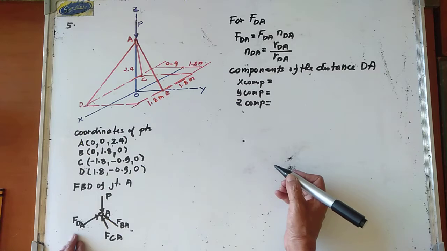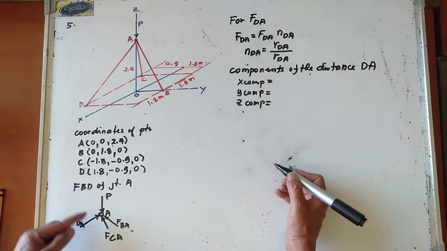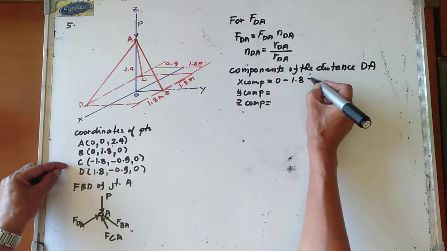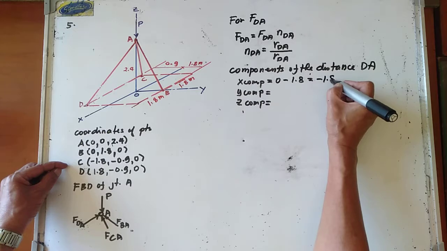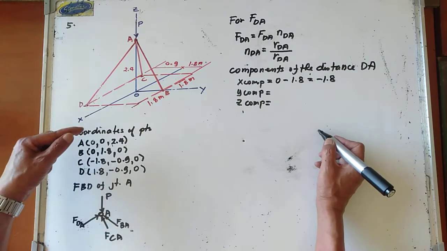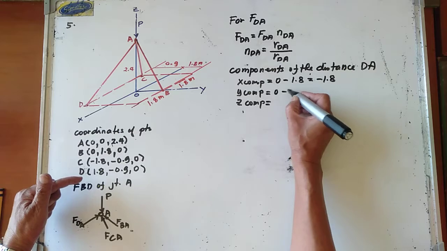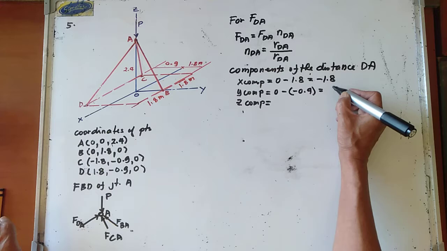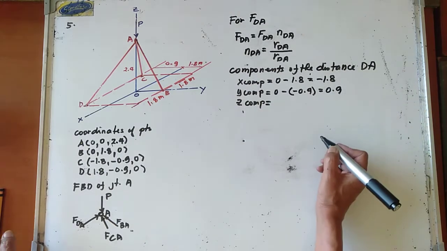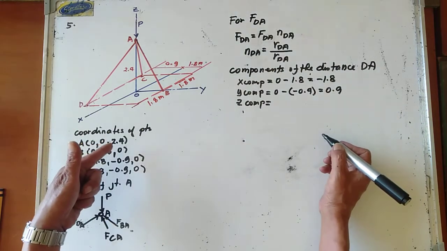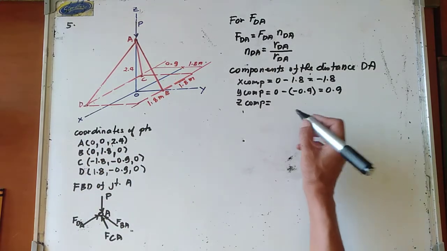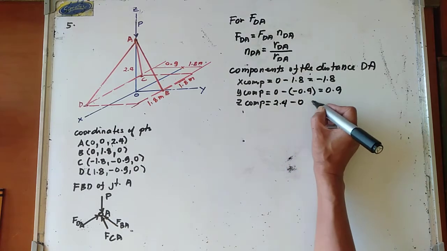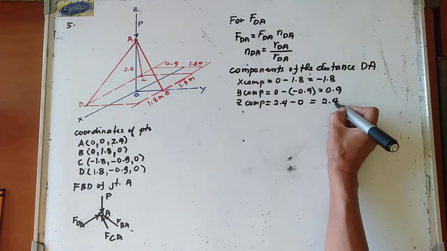Now, again, this is directed from D to A, so again, A minus D. So it's 0 minus 1.8, so that is negative 1.8. 0 minus negative 0.9, so that is positive 0.9. Then we have 2.4 minus 0, so that is equal to 2.4.